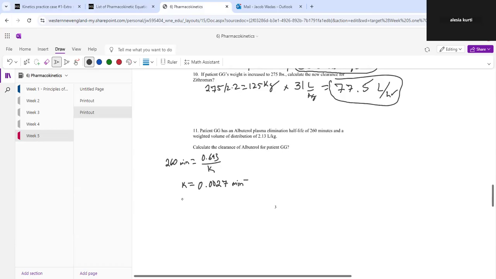You guys have it per hour, so that's why K looks different. If it was per hour, you have to divide by 60.